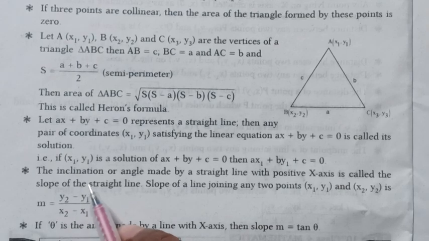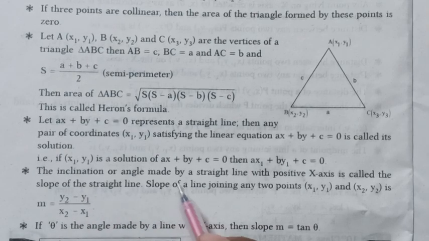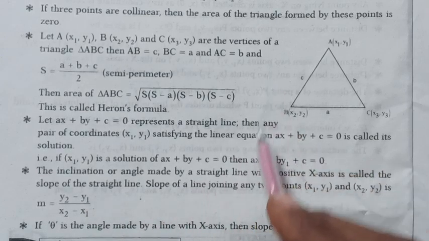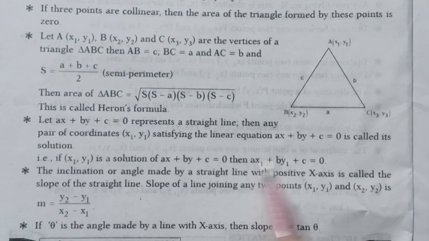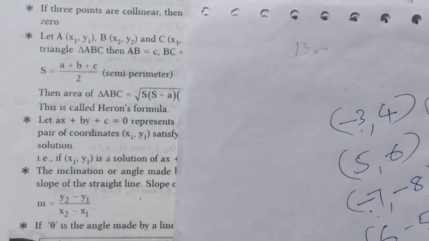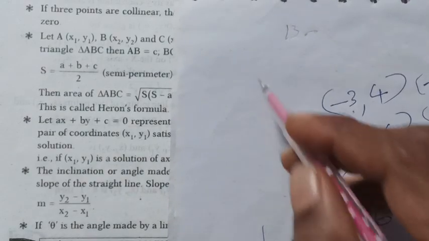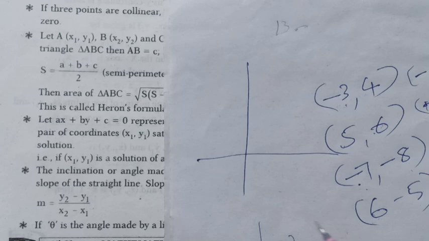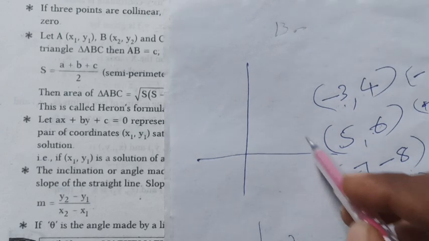The inclination or angle made by a straight line with the positive x-axis is called the slope of the straight line. For example, this is the x-axis and y-axis. Now look here.